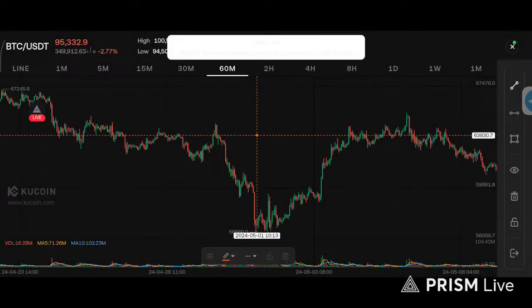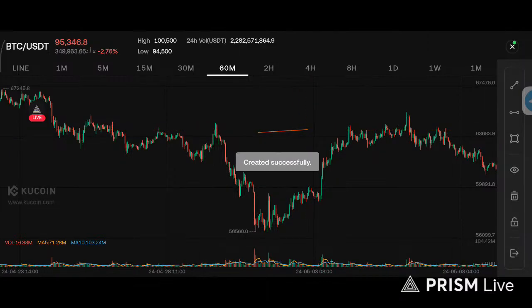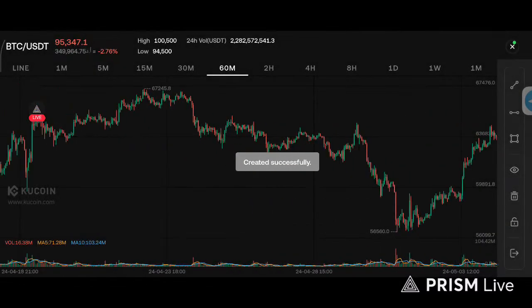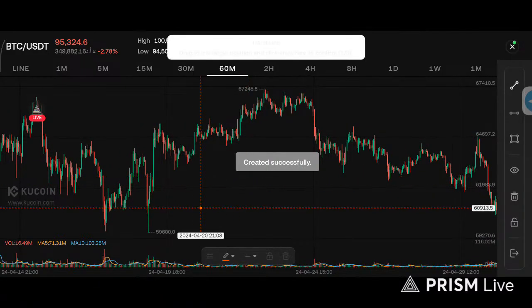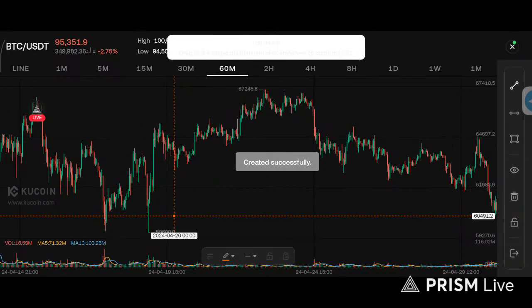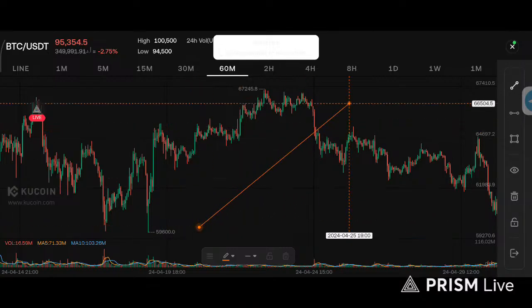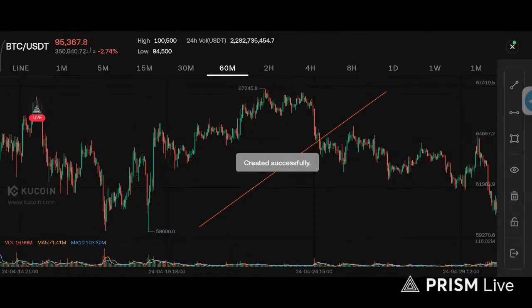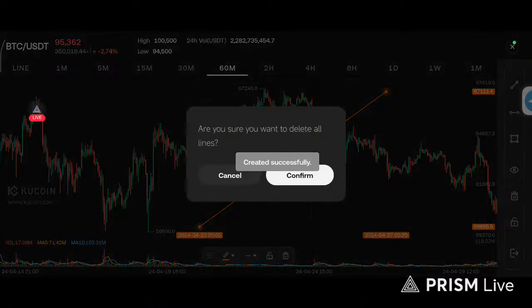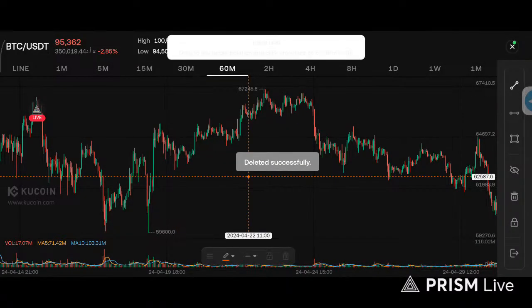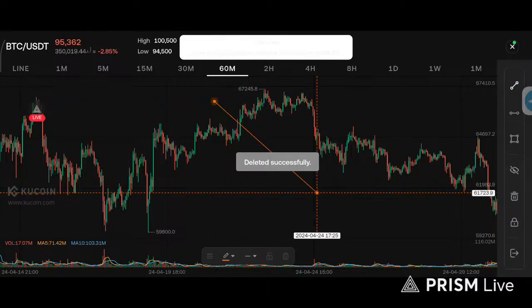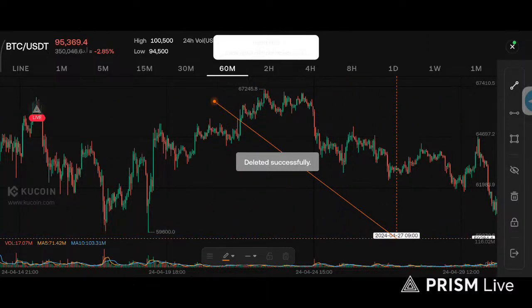So normally now, for example, this is how market moves. Market doesn't just move straight like this. It's in an uptrend, or you say market is moving this way in a downtrend.